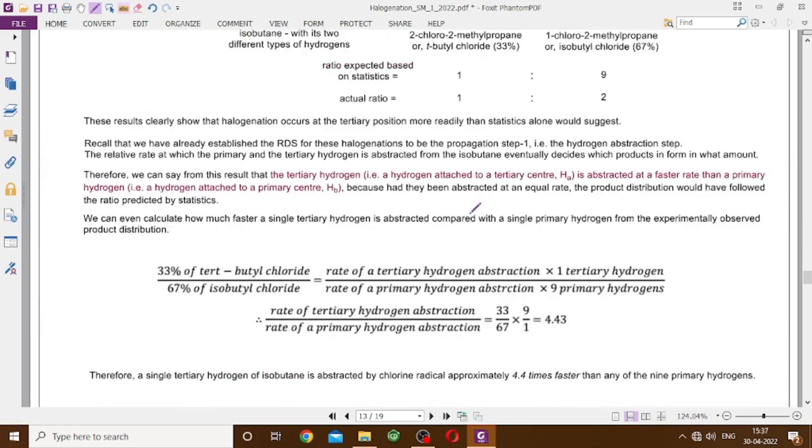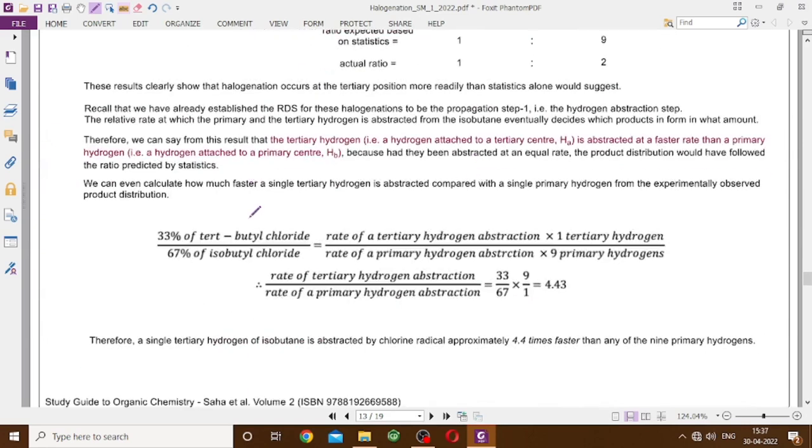But you can actually do this mathematically. The percentage of any given chloride or halide is a combined effect of the number of such type of hydrogens. Say if we are thinking of tertiary butyl chloride, then it arises by replacement of the tertiary hydrogen. So it is the number of tertiary hydrogens multiplied by the rate at which a tertiary hydrogen is abstracted under a given set of conditions.